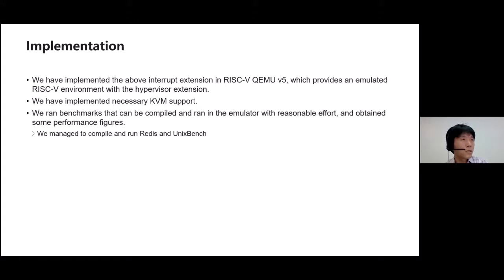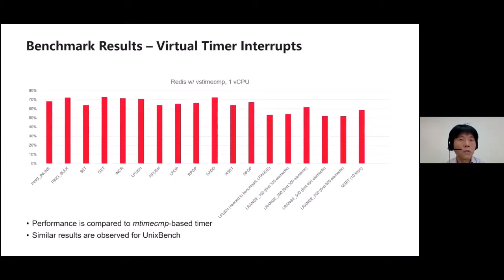On this KVM support, we ran benchmarks that can be compiled and run in the emulator with reasonable support and obtained some performance results. Mainly, we are able to compile Redis and Unix bench. And here are the results. This benchmark shows the performance boost in Redis obtained by adopting the extension for the virtual timer interrupt.